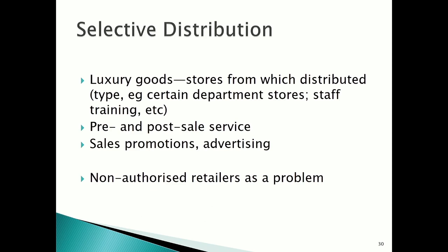So high-end handbags and mobile phones, for instance. And in the case of luxury goods, part of what the manufacturer is trying to do is convey a particular image by its goods. People buy these goods not just because of the quality of the goods, but because of the image that possessing or using the good conveys.